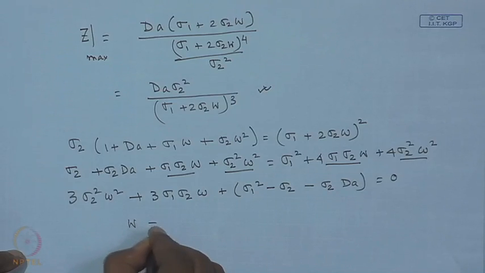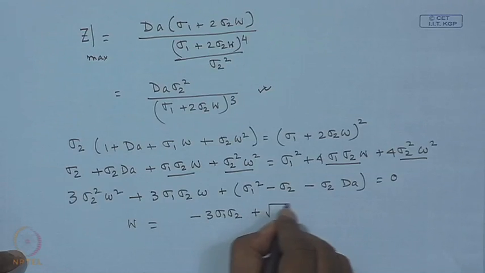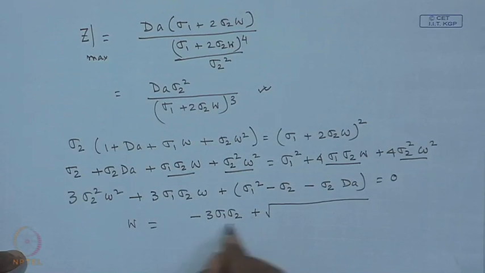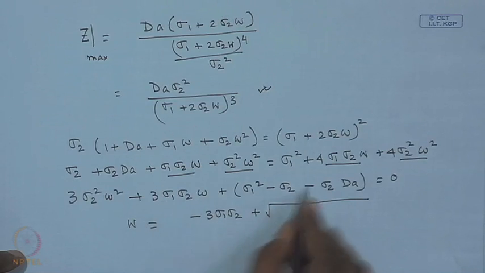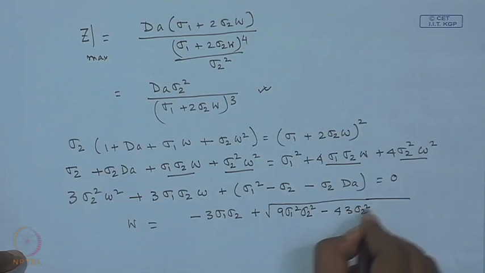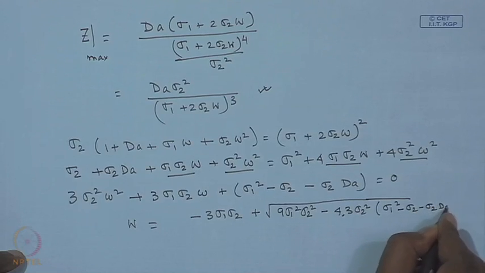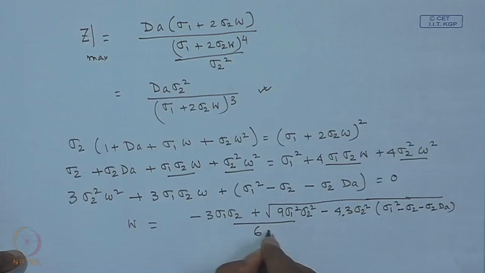So, W is obtained as minus 3 sigma 1 sigma 2 plus, we should not take the minus, I will come to that later on, plus root over B square, that is 9 sigma 1 square sigma 2 square minus 4 into 3 sigma 2 square multiplied by sigma 1 square minus sigma 2 minus sigma 2 dA, divided by 6 sigma 2 square.